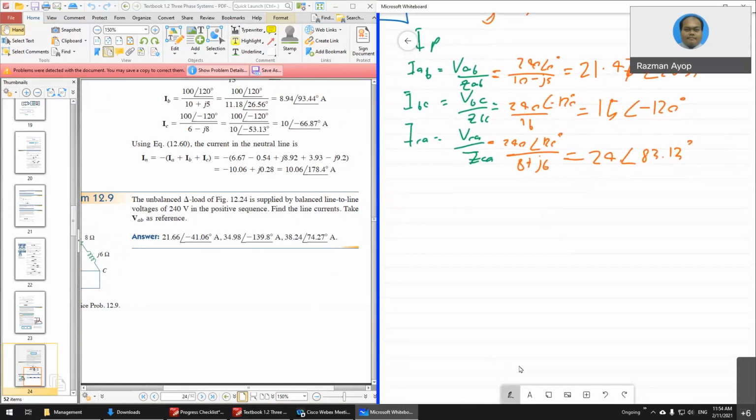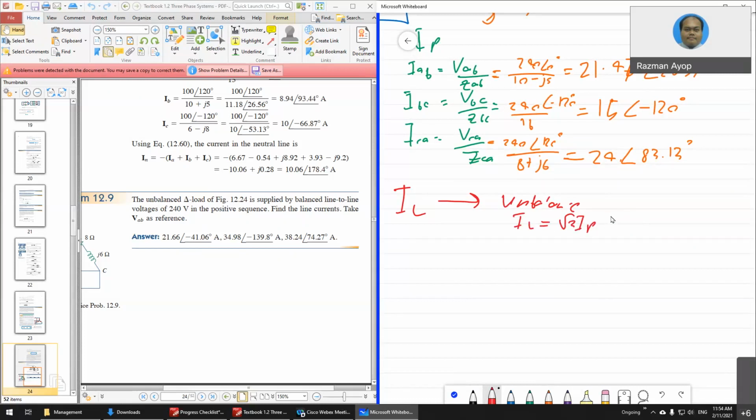This load is unbalanced, so you cannot use I line equals square root 3 times I phase angle negative 30 degrees. This formula is only for balanced load. For unbalanced load, you have to use the original formula.